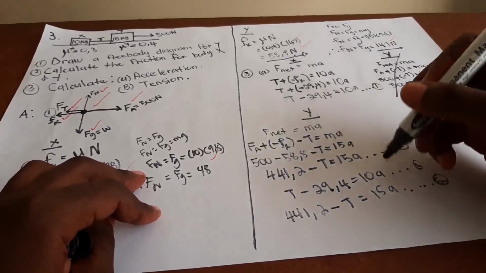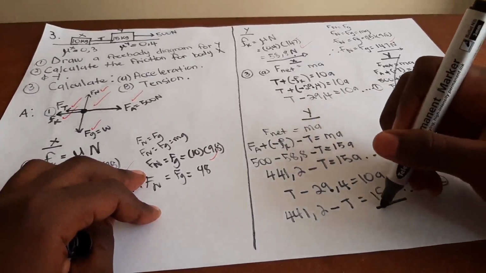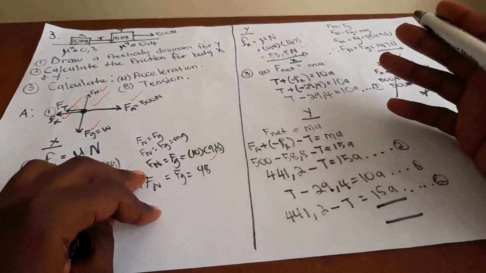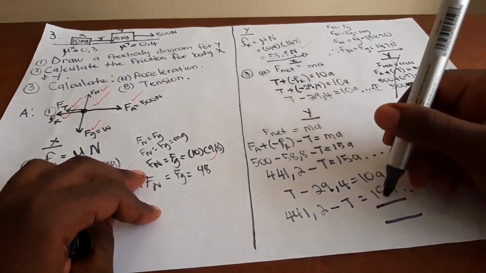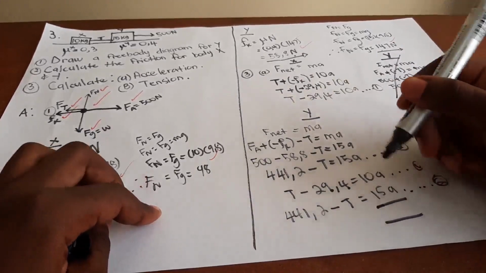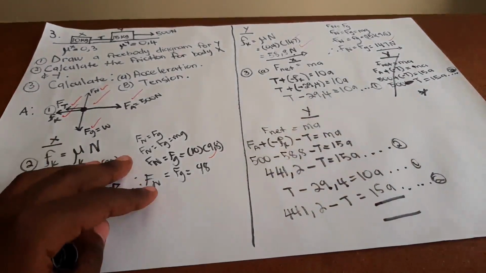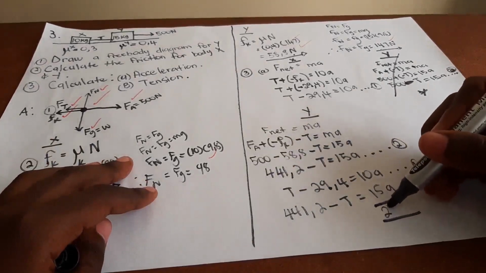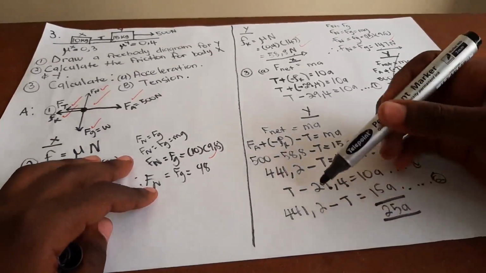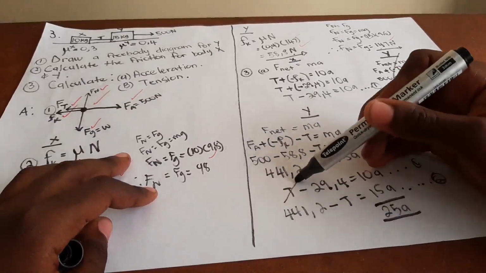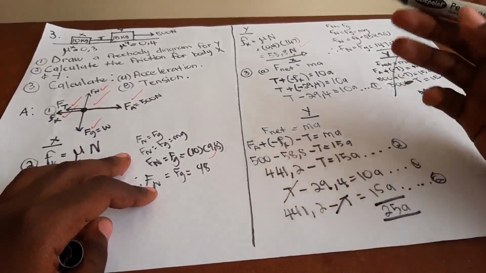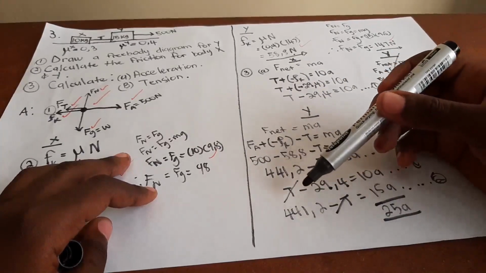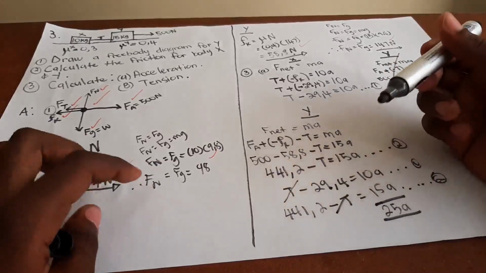So let's look for 10 plus 15. On the calculator, 15 plus 10 becomes 25, so 25A. The positive tension and the negative tension cancel each other. So 441,2 minus 29,4.